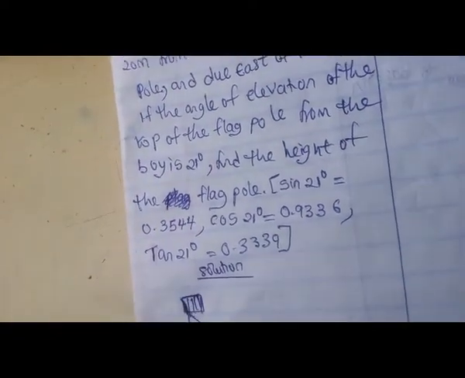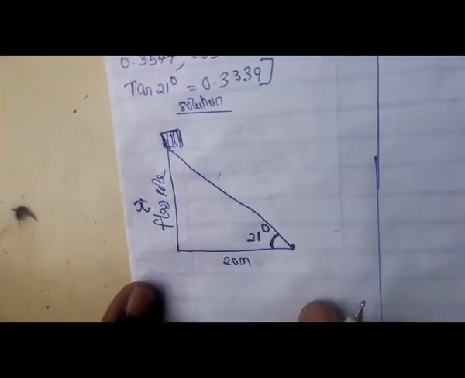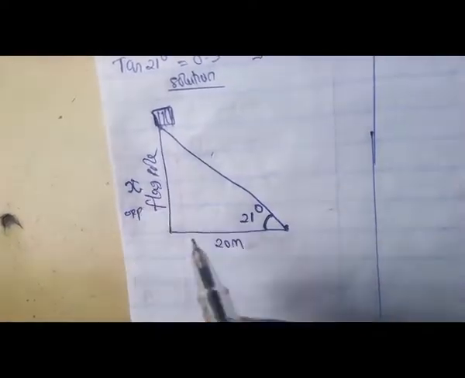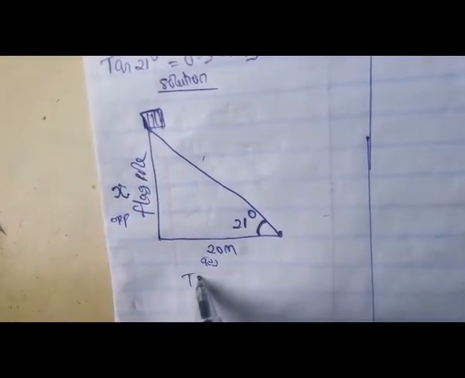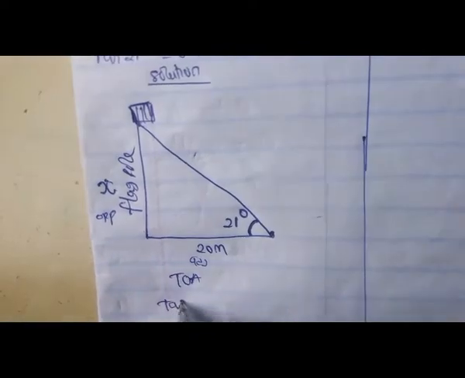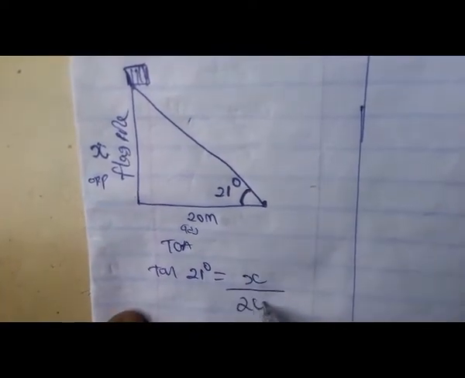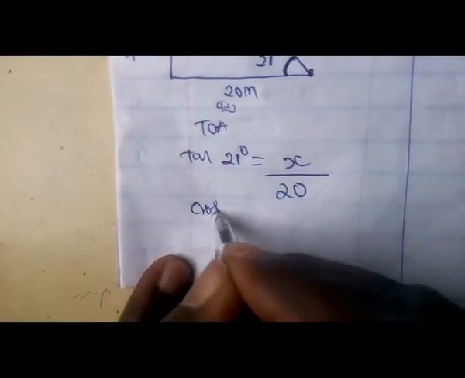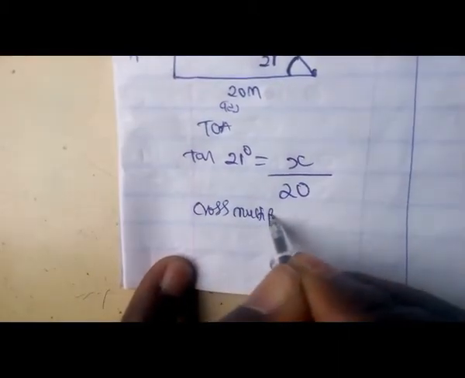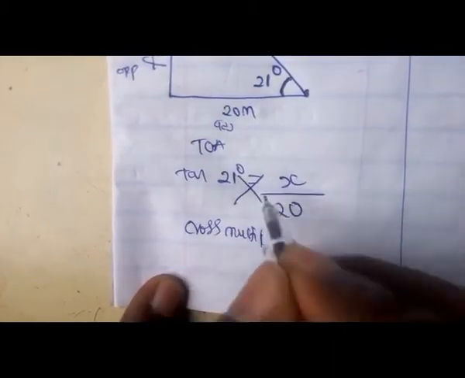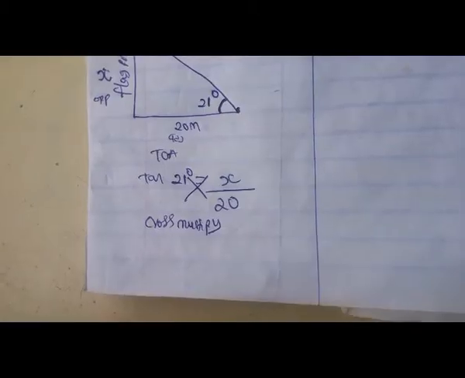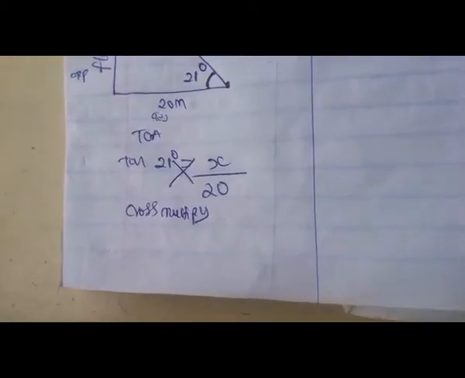So that means you are looking for this place, X. This is our opposite and this is our adjacent. So you are going to use SOHCAHTOA. Tan 21 degrees equals X over 20. Then we cross multiply.